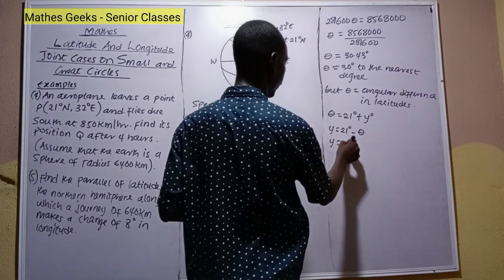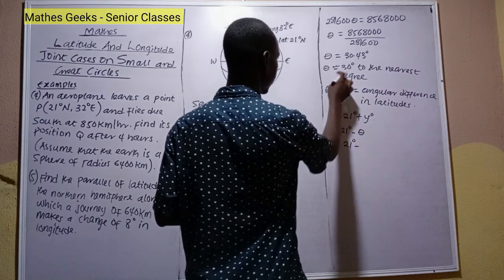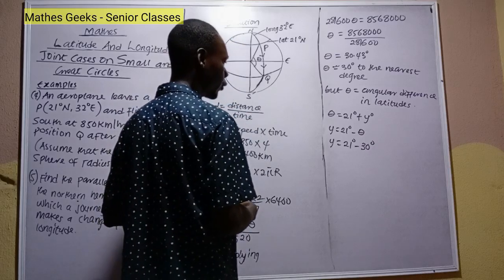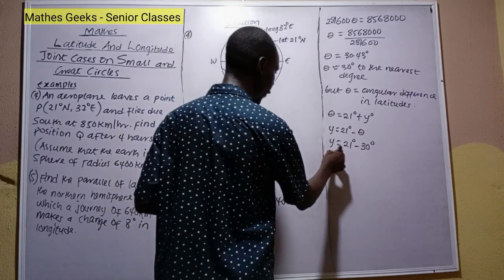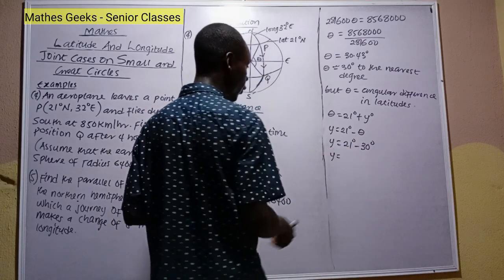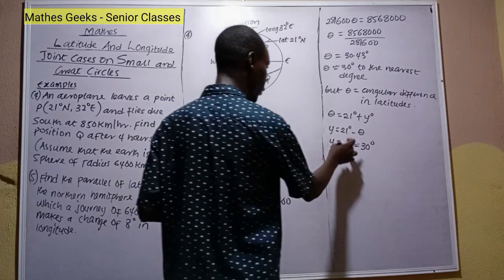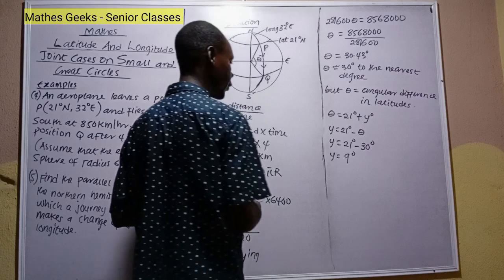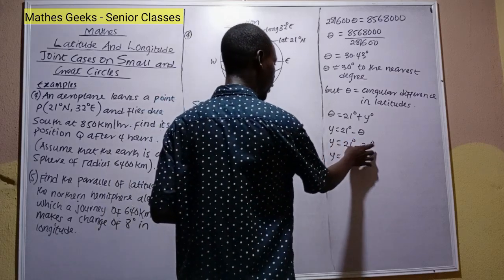So y is equal to 21 degrees minus 30 degrees. Now you may wonder why we get a negative value. We do get a negative value, but we're not going to write the negative sign. 21 minus 30 degrees gives minus 9, but y is 9 degrees rather. Mathematically, 21 minus 30 is minus 9.